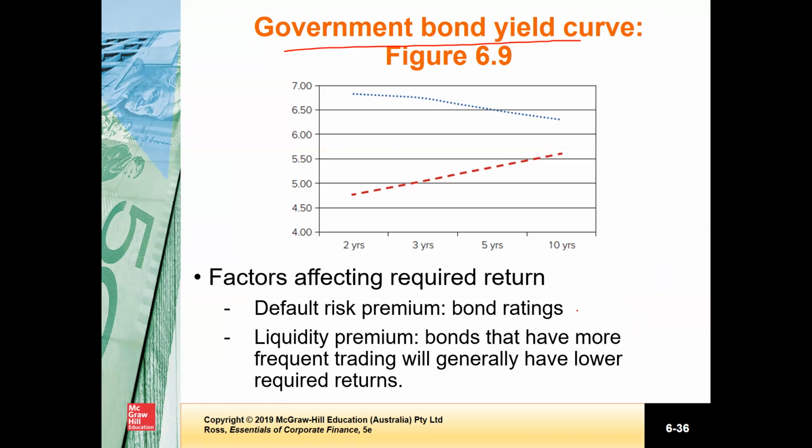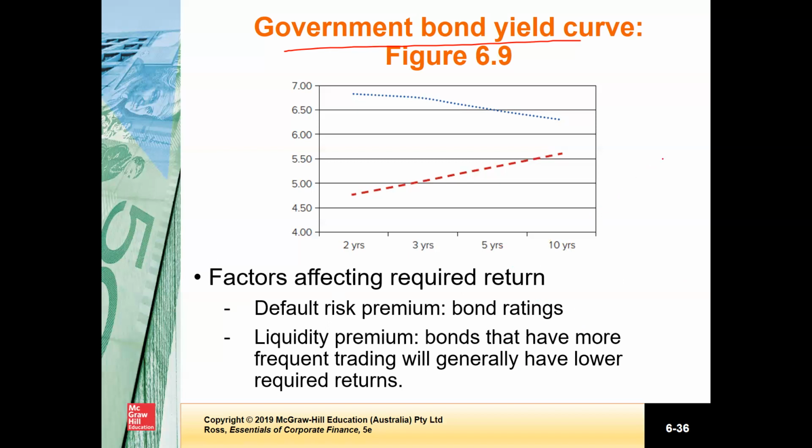Now, if you look at this figure, Figure 6.9, you can see the yield curve drawn on government bonds for maturities on issue in 2007 and 2010.